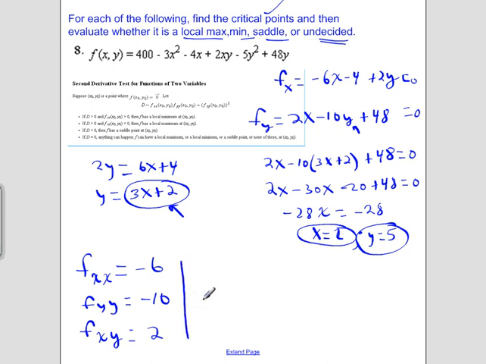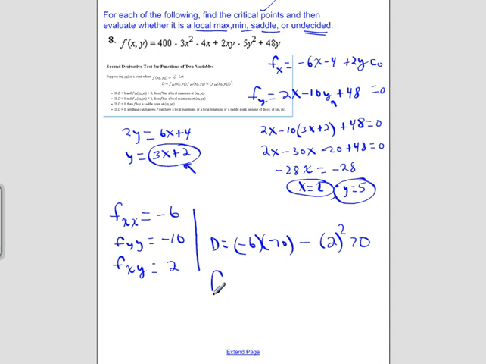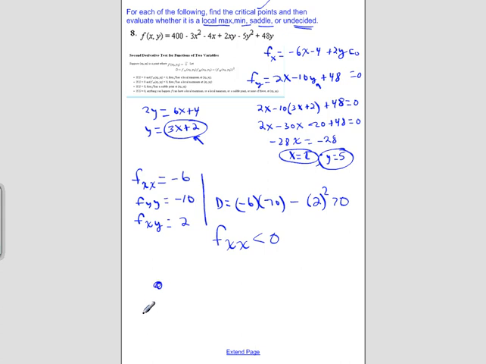So my d value is fxx times fyy minus 2 squared, and this is greater than 0. And we know that f partial x is less than 0. Therefore, my point 1 comma 5 is a local max.